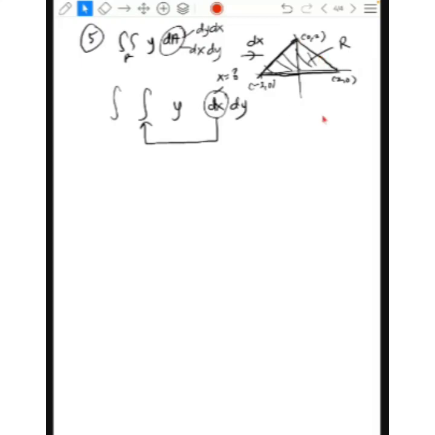Plus another one, which is going slightly right, you will see this line and then the right line. Then you can cover your whole region. Okay, understand? So instead of doing 2 integrations, you can choose dx, whereby you only use 1 integration to cover the whole region. So I hope you understand what I mean.